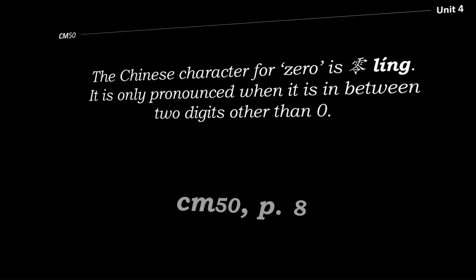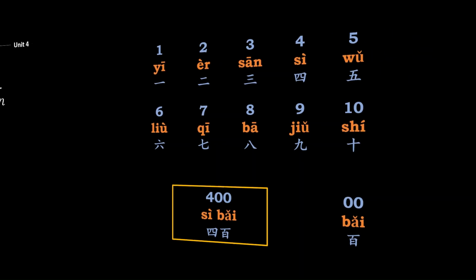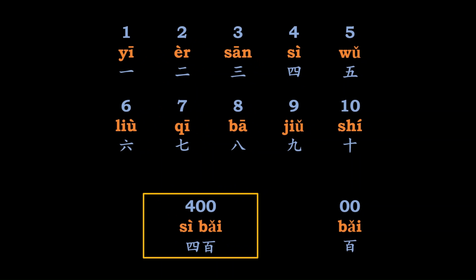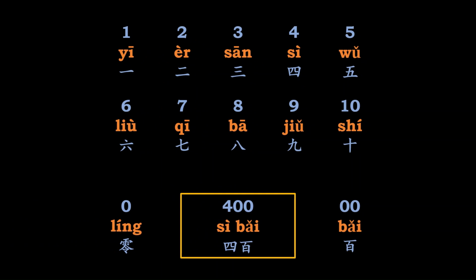Also on page 8, it notes that the Chinese character for 0 is ling, and the rule is it's only pronounced when it's in between two digits other than 0. So let's go back to the number 400 and bring in ling. So we see that there is a 0 between two digits.